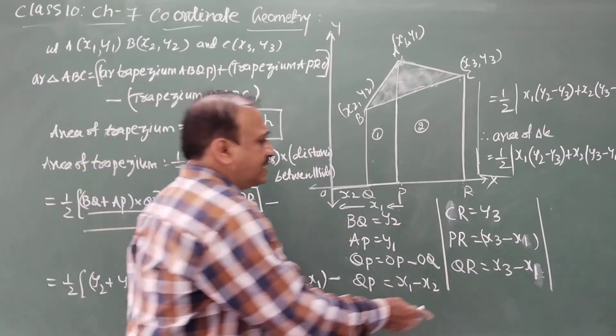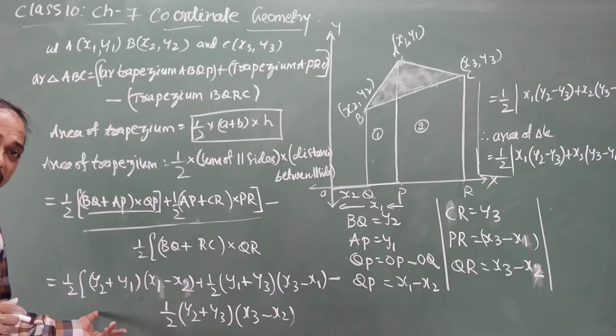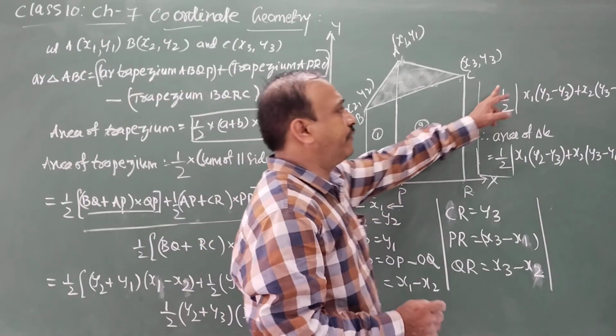Minus half into (BQ plus RC), y2 plus y3, into QR, which is x3 minus x2. If you replace these values, then we get the formula.